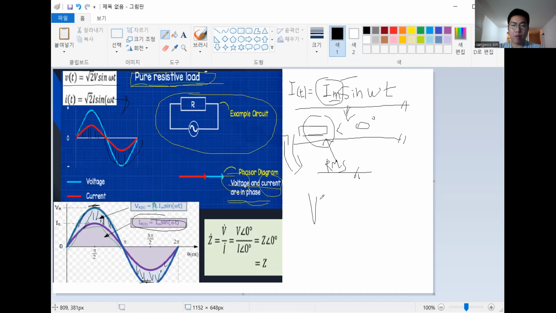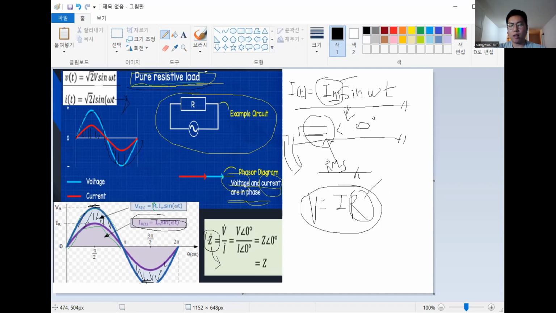As you remember, V equals IR, Ohm's law. So R is just a number, like 2 times, 3 times, 4 times, like a linear load, in the pure resistor.